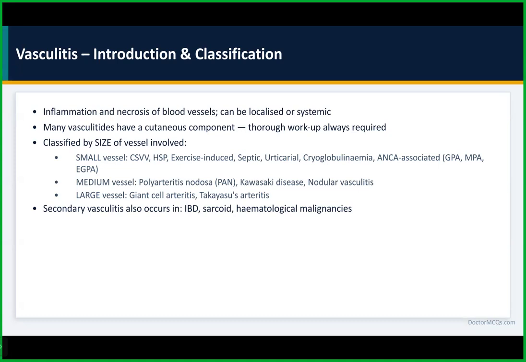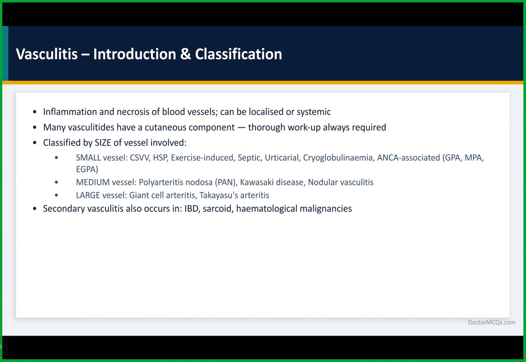Small vessel includes HSP, erythema nodosum, exercise-induced, septic, some urticarial, cryoglobulinemia and ANCA-associated. Medium-sized vessel is PAN, Kawasaki and nodular, and large vessel disease, as everybody knows, is giant cell arteritis and Takayasu arteritis.